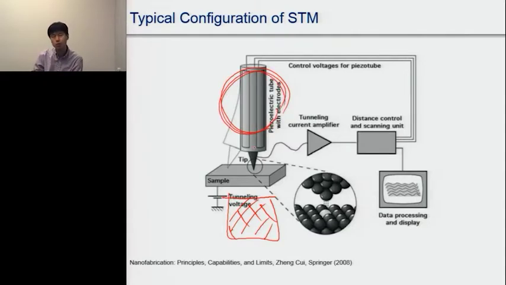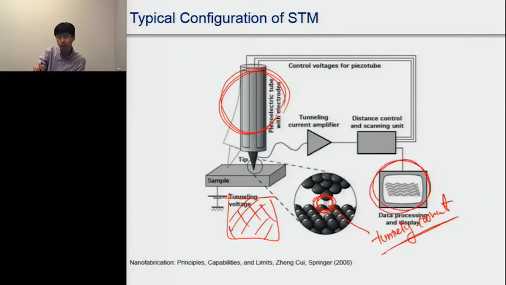As I showed you in the previous cartoon, it is monitoring the tunneling current. Using this tunneling current, you can make images, but for atomic manipulation, using this current, we can move around individual atoms.